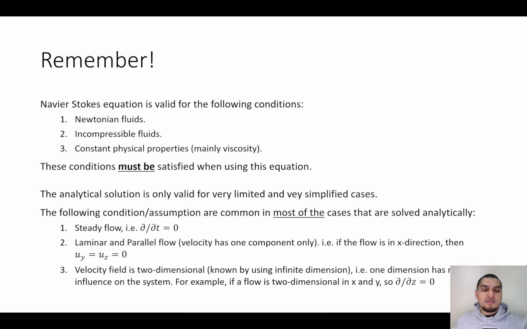Meaning that it's very, very long, so that this dimension is not affecting anymore. So the effect is due to the other two dimensions. If it's infinitely long in z, for instance, then the two parameters that affect the flow are x and y. So any change with z is equal to 0. This can be velocity with z, pressure with z, or whatever.